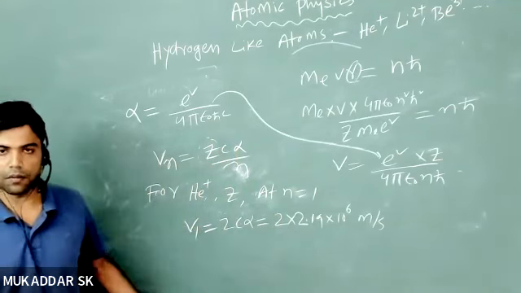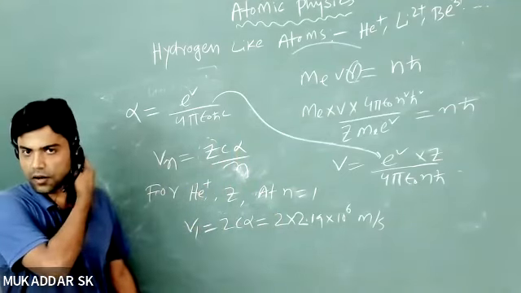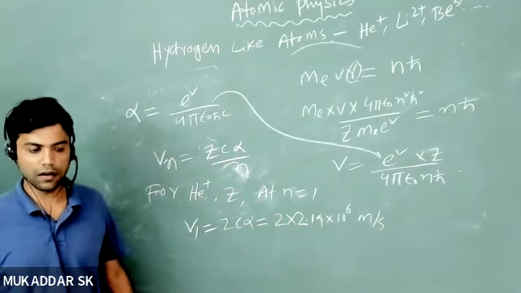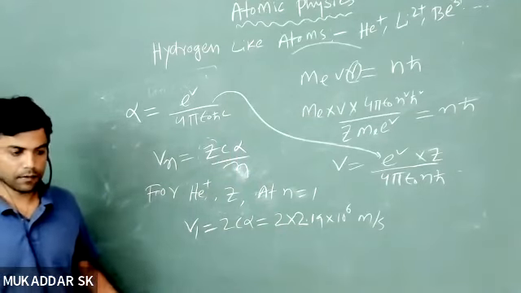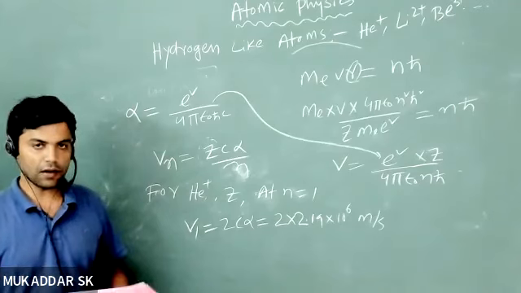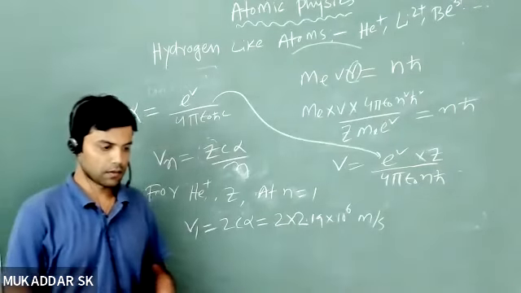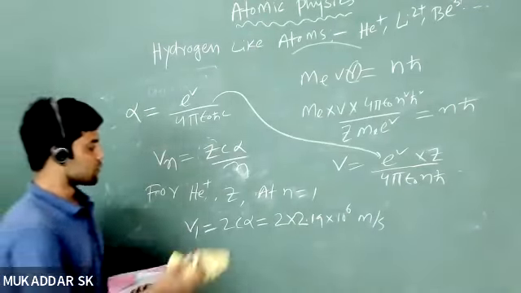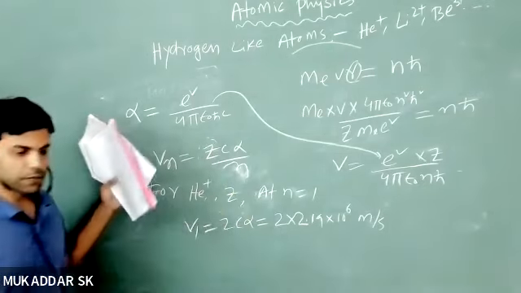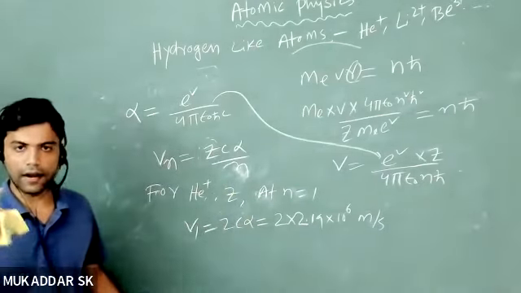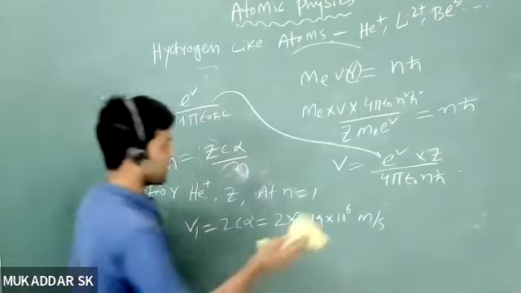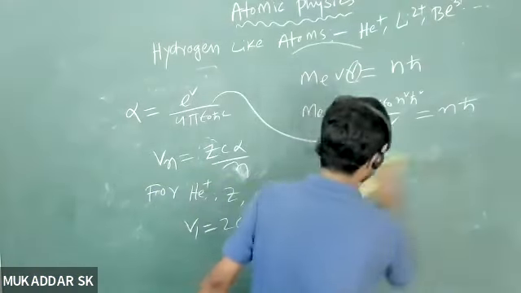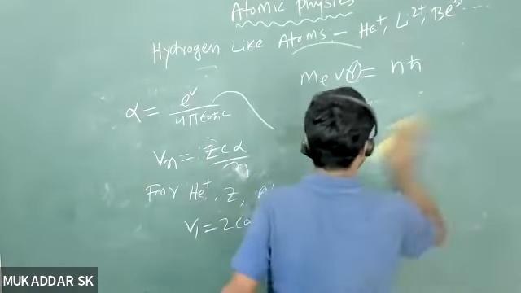Because for lithium double plus, the Z value is 3. Z is the atomic number. Did you people get what I'm saying? So you got the expression for speed and radius for hydrogen like atom. Now we'll calculate the expression for total energy for hydrogen like atom.